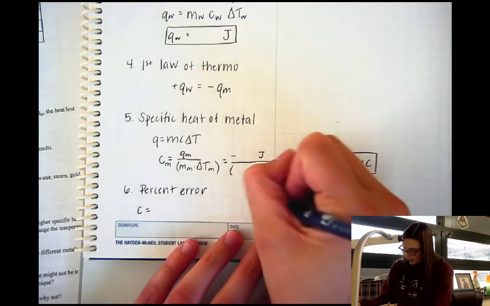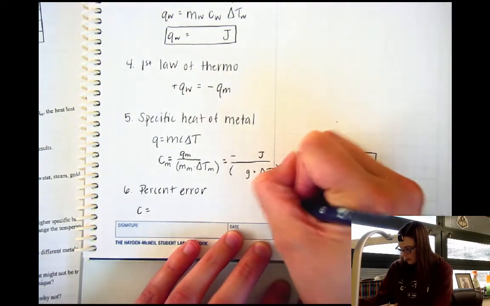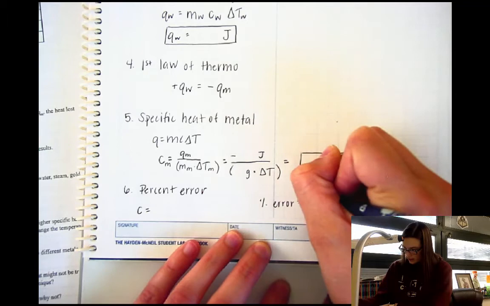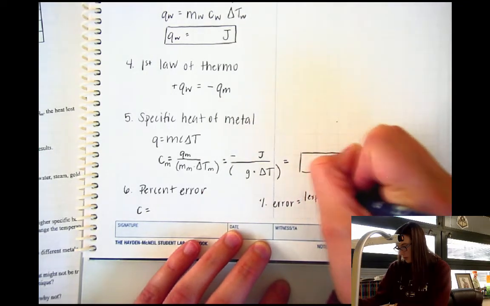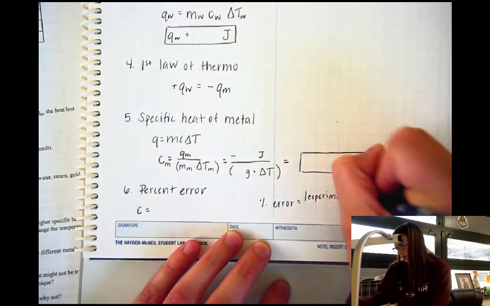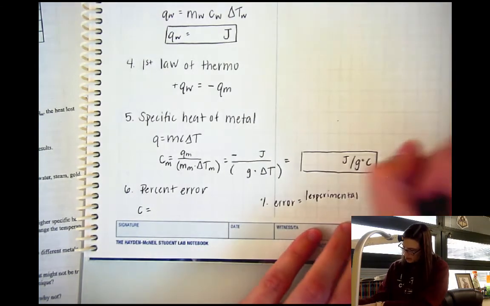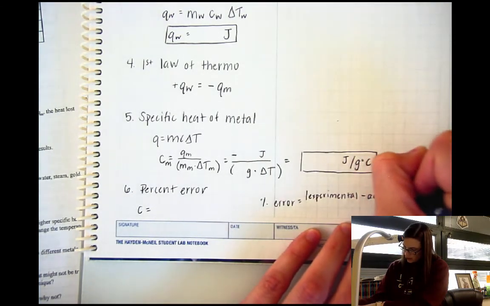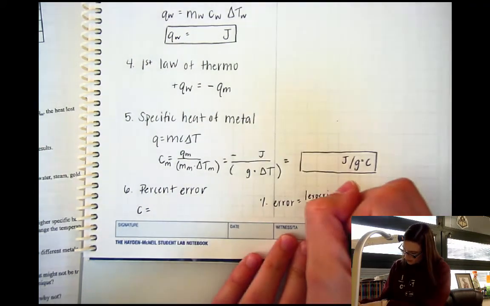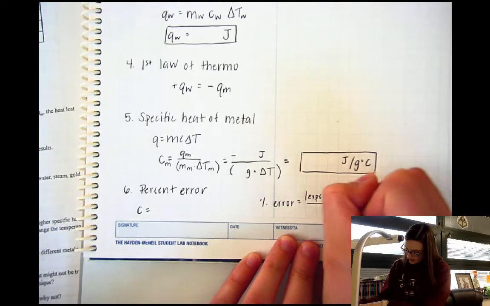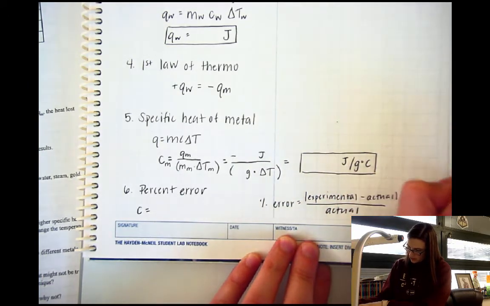So just a reminder, percent error is the absolute value of experimental value. Experimental is what we just found in the lab, minus the actual value. That's what we wrote down here. Divided by actual times 100.